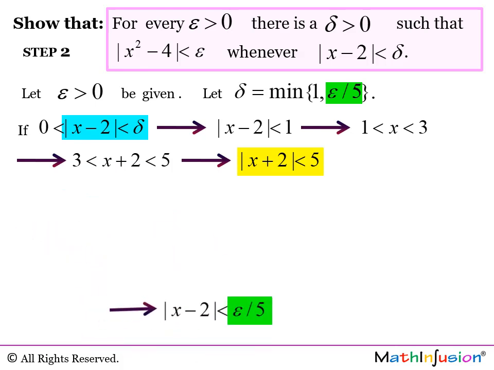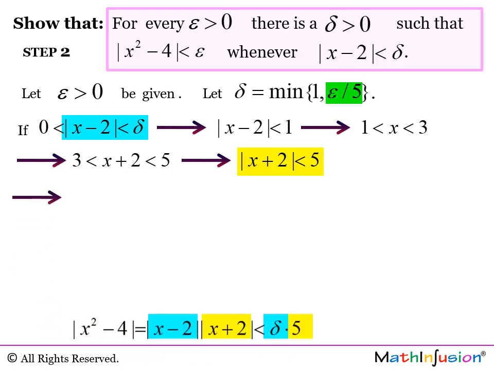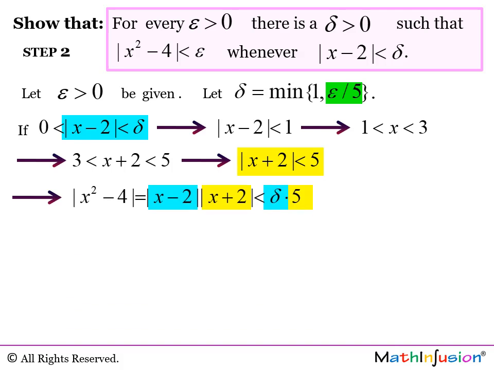Now we'll put everything together. I get that x minus 2 in absolute value is less than delta, and x plus 2 in absolute value is less than 5. So x to the power of 2 minus 4 in absolute value is the product of the absolute value of x minus 2 and the absolute value of x plus 2. The first one is smaller than delta, and the second one is smaller than 5.